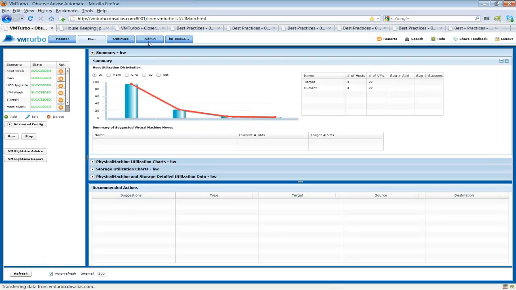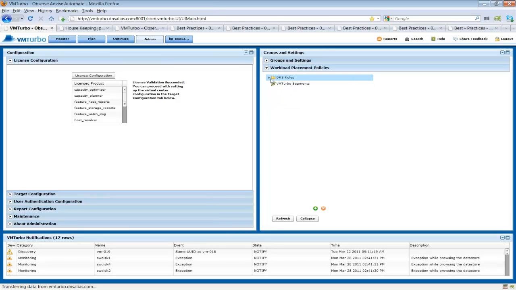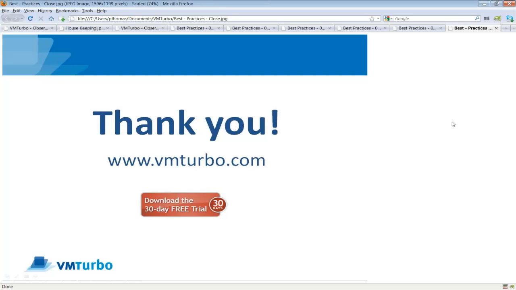In terms of actually recommending or even automating moves with regard to changing where workload is placed, we have seen that our algorithms are better than what DRS suggests, and the reason is pretty clear, which is that we are taking all these different metrics into account and using the algorithms to have a balanced way of making the move, and then also looking at the move given the model of what we've collected and know about the VMs and the hosts, and being able to predict what the performance is going to be once that move occurs.